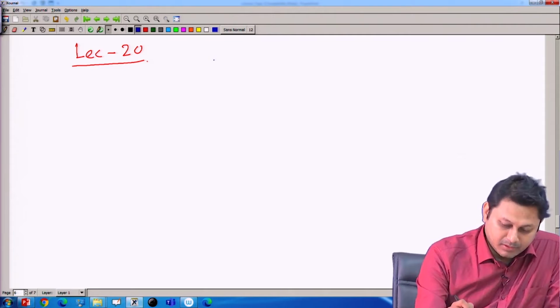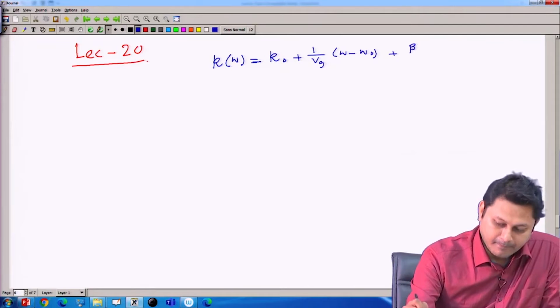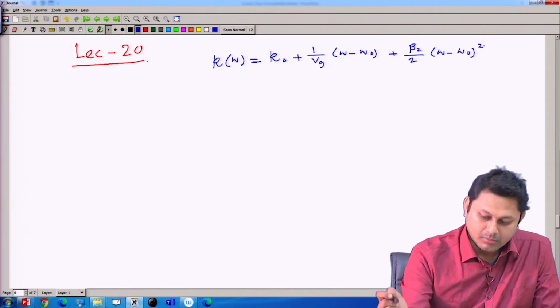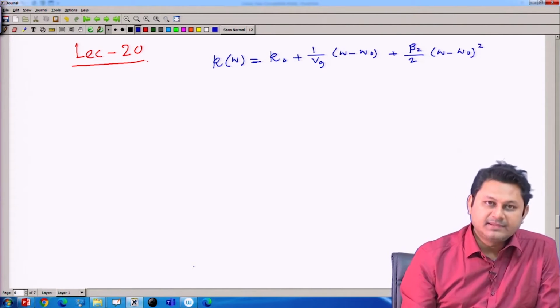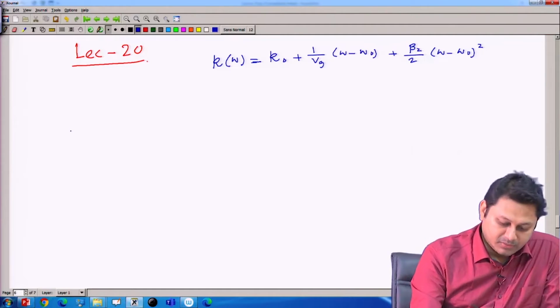In the last class, let me remind quickly, if I have a dispersion with k of this form, as a consequence of this k as a function of omega, I have a broadening of pulse.